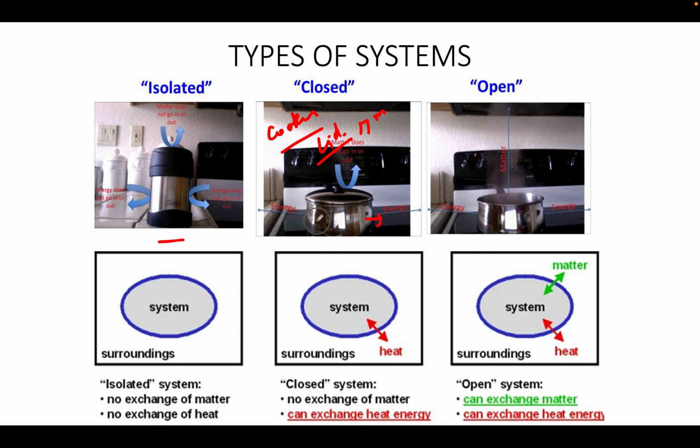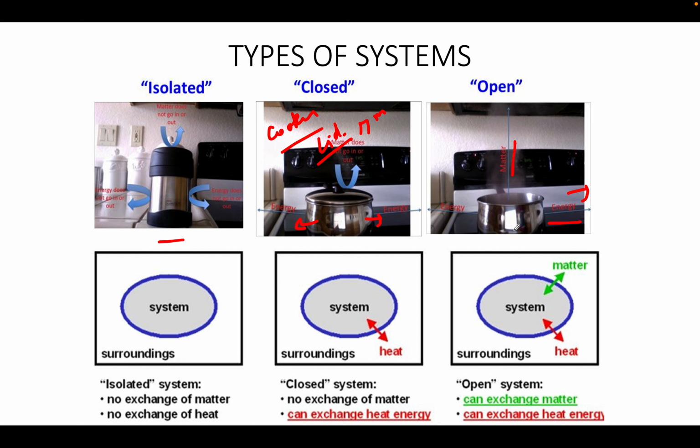Heat energy will be exchanged with the surroundings until it reaches the equilibrium state. But matter won't be exchanged because it is covered completely. And if you keep a vessel on the flame, and we are not covering it from the upper side, so it is open. Matter is also getting exchanged through the vapors, and energy is also getting exchanged with the surroundings. So these are the examples.